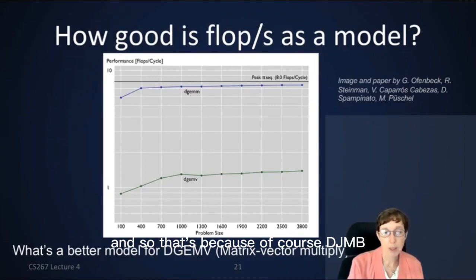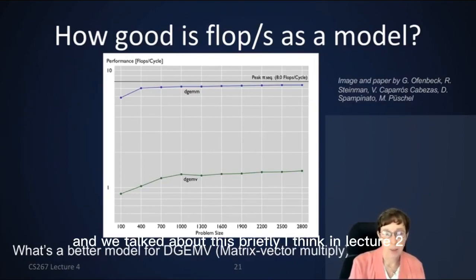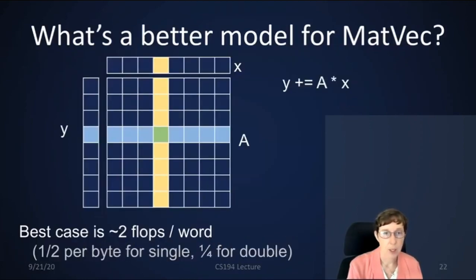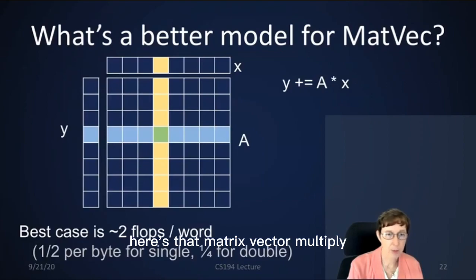And that's because, of course, DGEMV, and we talked about this briefly, I think in lecture 2, is only doing 2 floating point operations for every element of the matrix. So even if we ignore the cost of reading the input vector and the output vector, we only have those 2 floating point operations. So here's that matrix vector multiply.